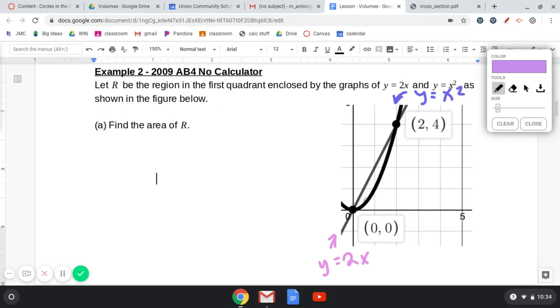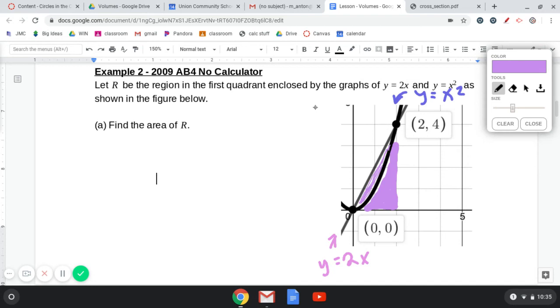You get the gist here. So that's the area under this y equals 2x curve. We want the area between these two curves, so like just this little purple area right here. So if we just find the area under the curve y equals 2x, we get that area, but we get all this extra area too.